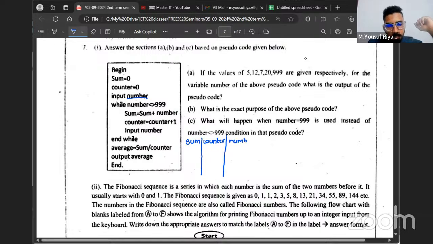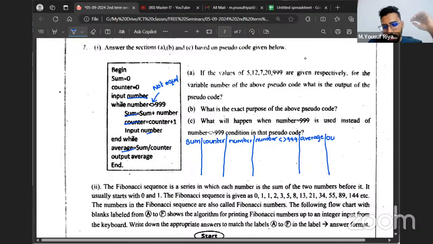There's a condition, number not equal to 999. Keep in mind, this symbol means not equal. So I'm going to check whether number is not equal to 999. Then I have sum, counter, number, and average as another variable. And there is an output in this program as well.